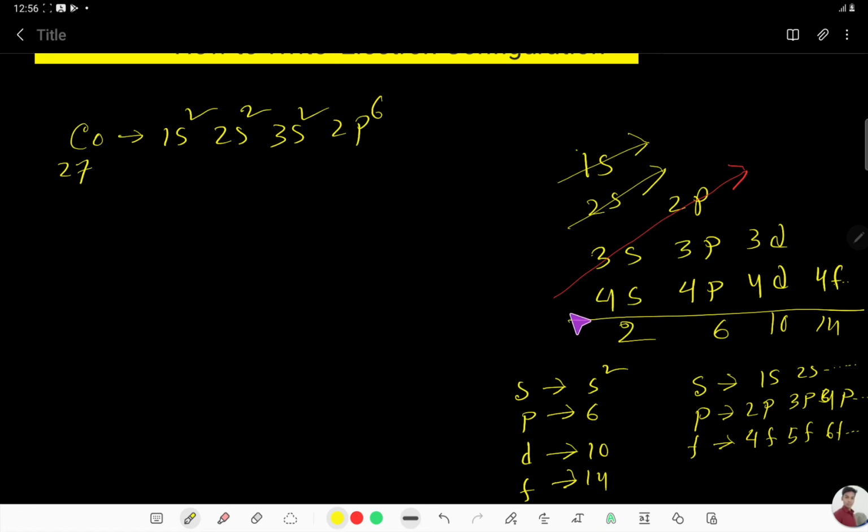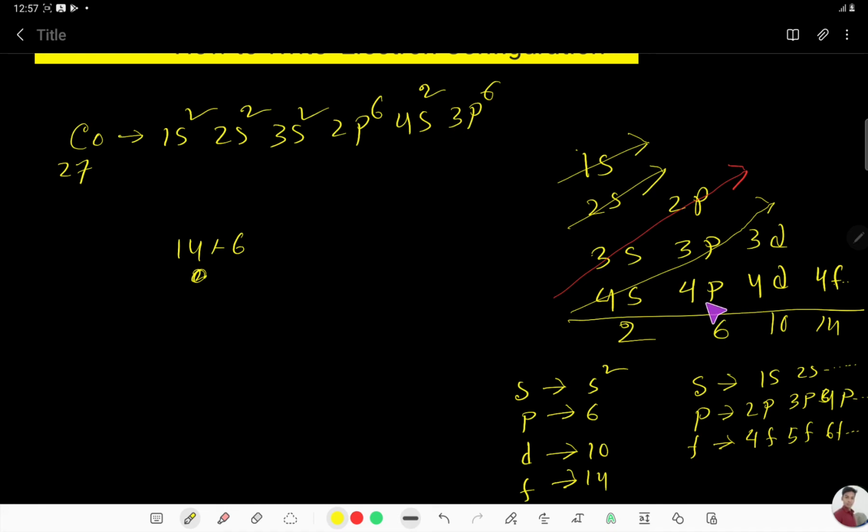Then we have 4s, 3p, 12, 14, 14 plus 6, how many? 14 plus 6 equals 20, right? So 20.